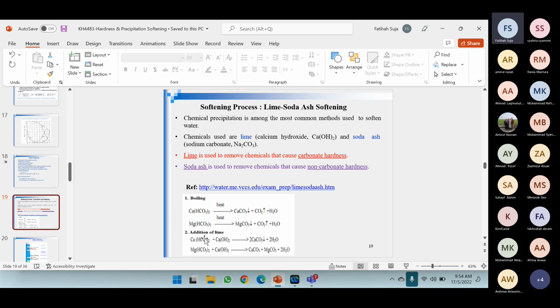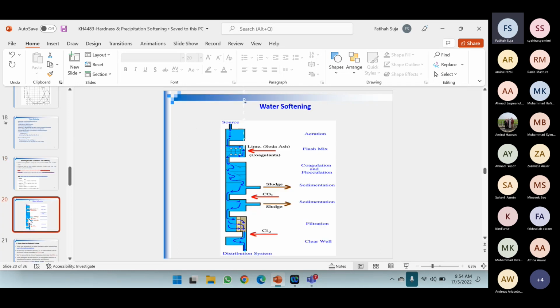Then you can remove this temporary hardness using addition of lime. Then you will also get calcium carbonate as precipitate, or magnesium carbonate as precipitate.